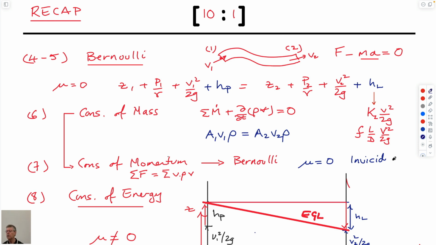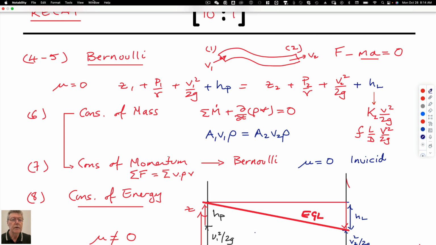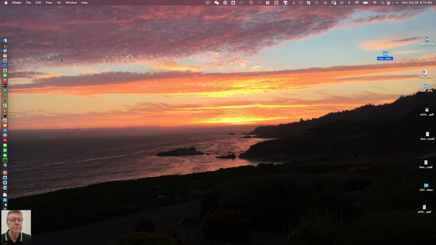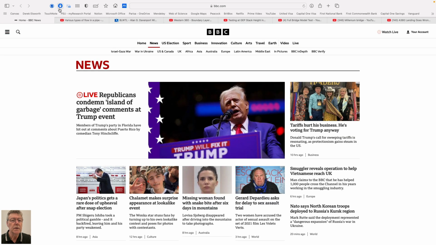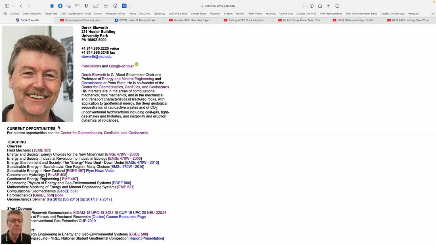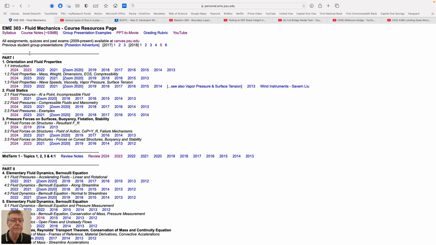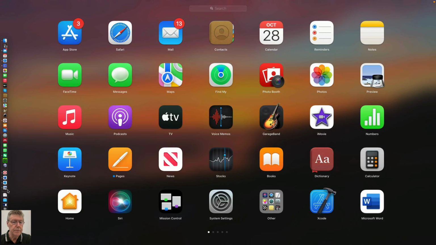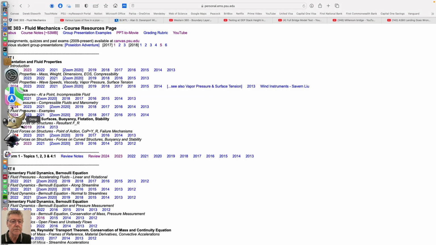And so if you're not sure how Canvas works or whether it's giving you the right answer, you can put your scores into this rubric. I'll bring it up.